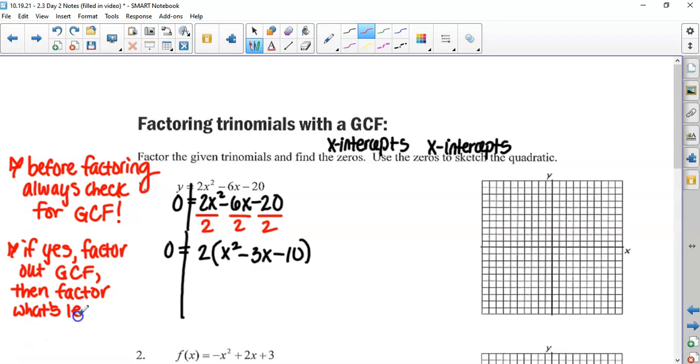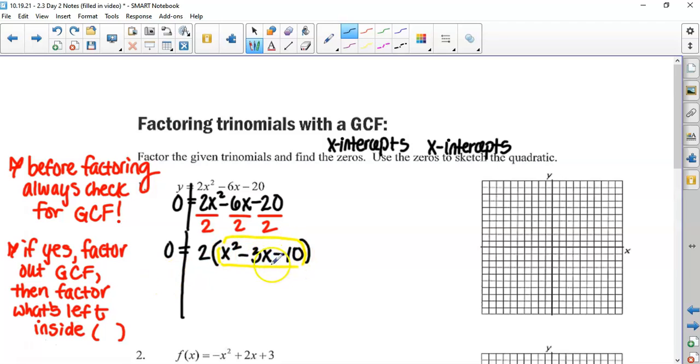Then factor what's left inside the parentheses. So inside our parentheses, we now have x squared minus 3x minus 10. So that's what we're going to factor. This 2 is just going to chill on the outside.